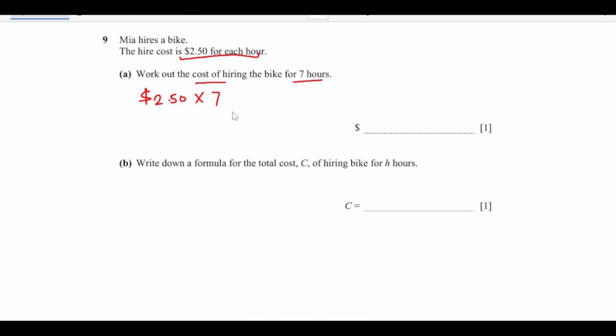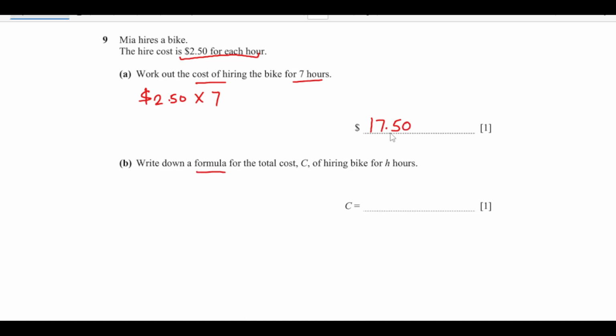Just multiply 2.50 times 7. That is 17.5. 17.50, as it's in dollars, so we will write down the second decimal place.